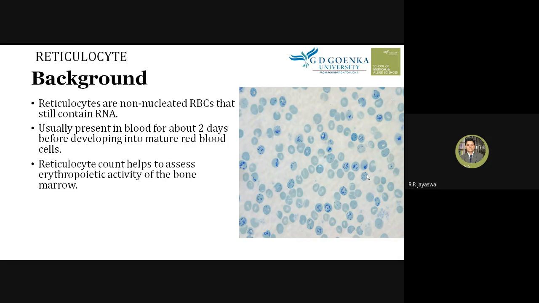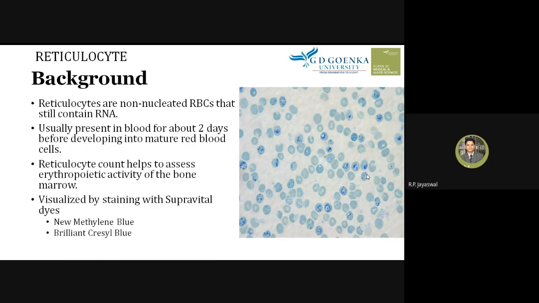So if you want to assess the erythropoietic activity, the function of the bone marrow, then we can perform reticulocyte count. It gives some idea about whether the bone marrow is functioning properly, or maybe there is a compromise in the functioning of the bone marrow.